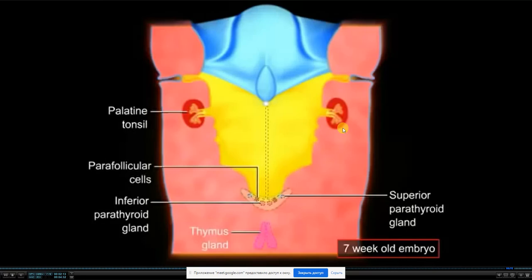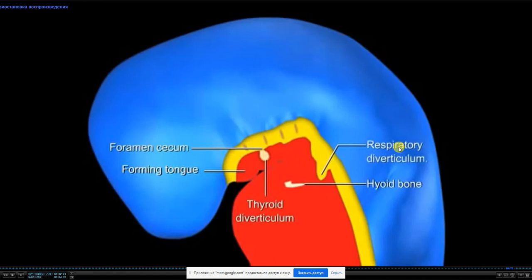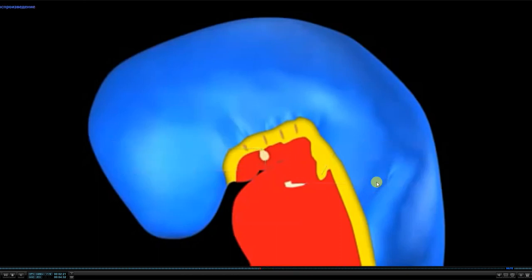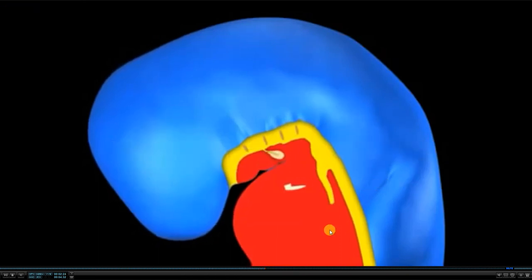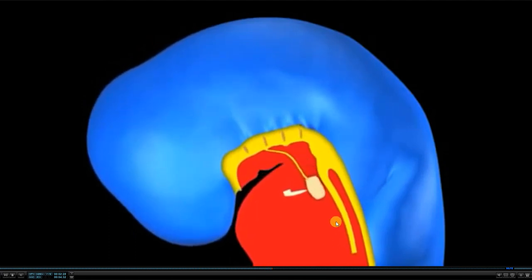Also, tonsils are formed here, the palatine tonsils, but that's not our portion. So this is thyroid gland formation. But here I want you to pay attention to this part. The respiratory diverticulum is the beginning of our next lecture. In the following lecture, this respiratory diverticulum continues and forms bronchi.